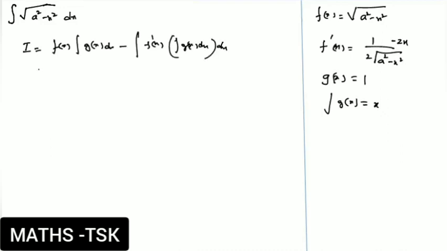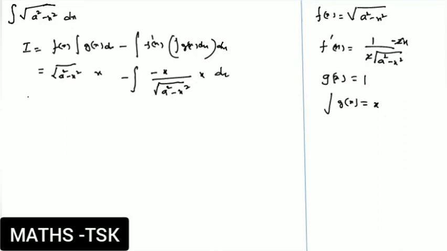So this integration can be written as f of x is root of a square minus x square, g of x is x, minus integration of f dash of x, which I can write as minus x by root of a square minus x square, into x into dx.